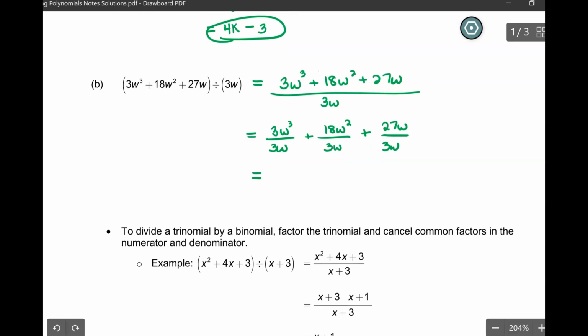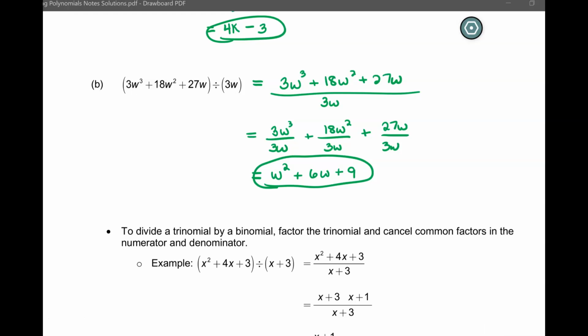First one, we see the 3's are going to cancel. So we have w to the third over w to the first, which is w squared. 18 divided by 3 is 6. W squared over w to the first is w to the first. And 27 divided by 3 is 9. And the w's are going to cancel.